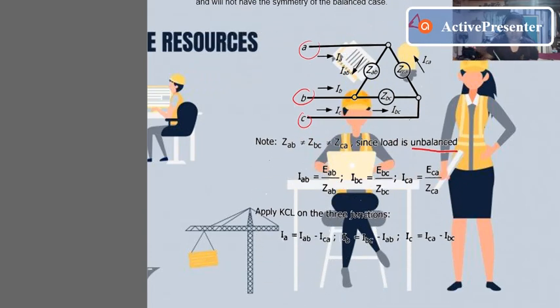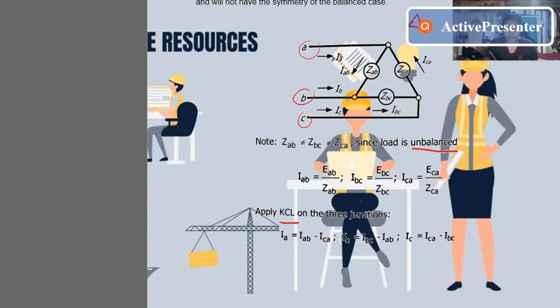After that, apply KCL on the three junctions. What is KCL? You had it in your Circuit 1. It is Kirchhoff's current law: current entering is equal to current leaving.